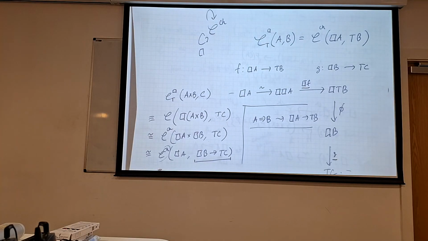Since there is a box in front of F, we still have its effects? So F is under the box because it's a functor. Going from A to B, box A to box B. If you restrict the inputs of F to only the pure things, it's only allowed to act on the pure things.